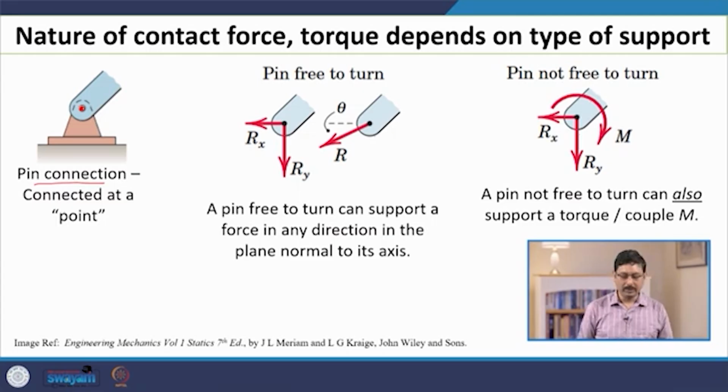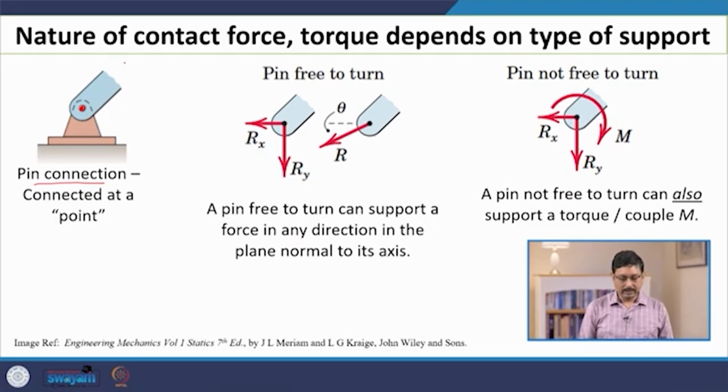So, this is called a pin joint, and again there can be two kinds of possibilities. For example, this joint can be welded together in a way so that the beam cannot rotate. Let us first consider the case where the beam can rotate, so it is free to turn.